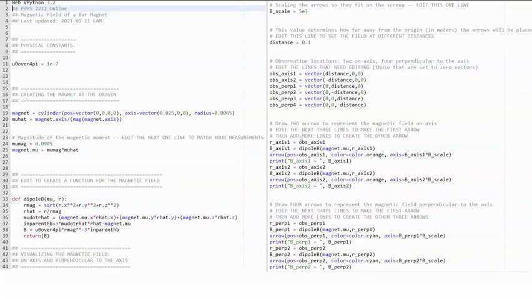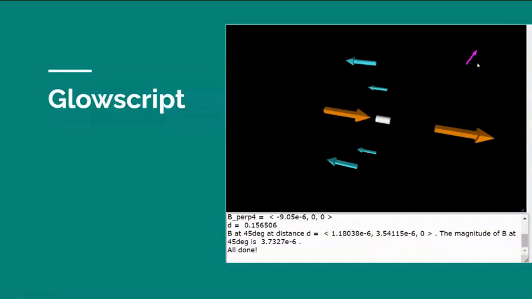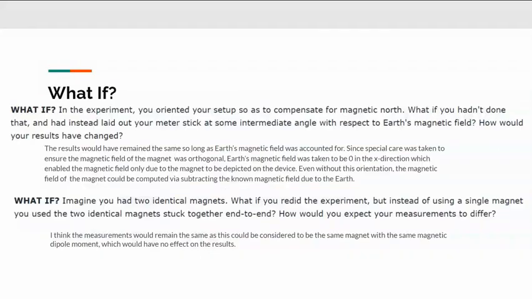And then on the right, we have at the top here the r-axis, which gave two different on-axis representations of the magnetic field, and below are 4 perpendicular observation locations. And then at the bottom, the 45-degree one, as shown here, the purple is 45, orange is on, blue is off axis, which checks out because the on axis are twice more than the off, and the 45-degree one is less than the other two.